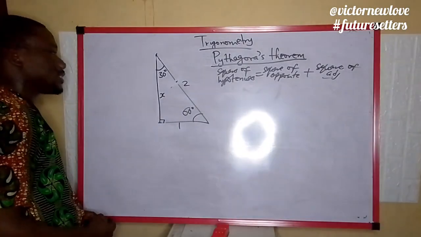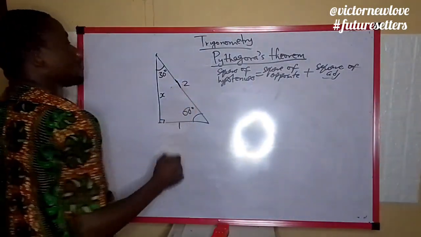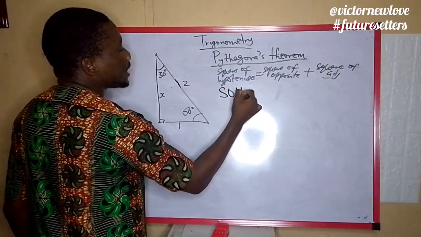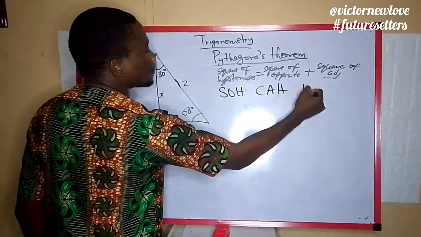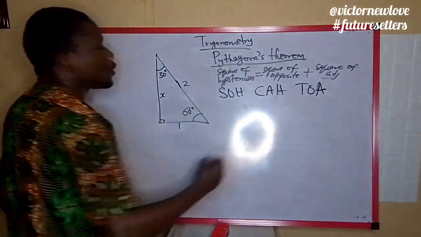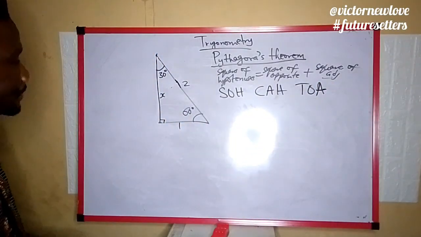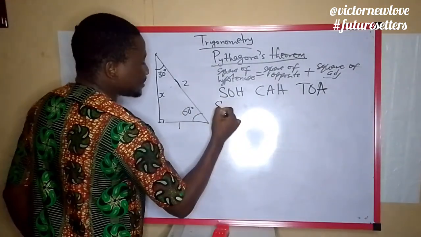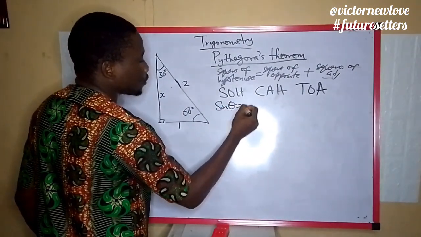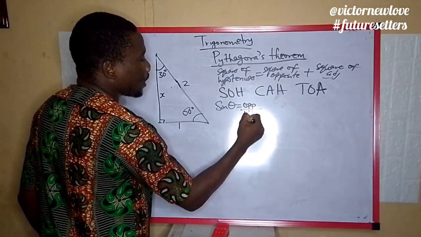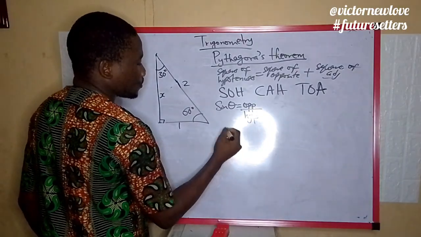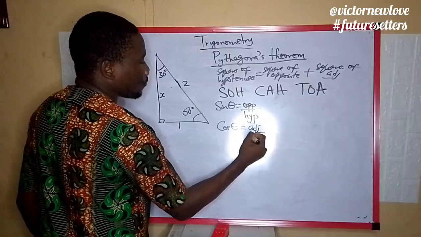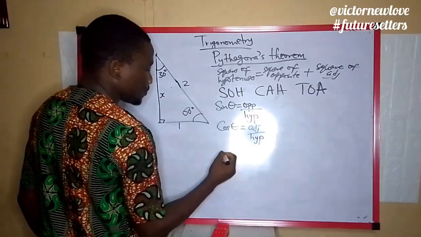Before I start proving some important things to you, just take note that we have something called SOHCAHTOA. What does SOHCAHTOA represent? Sin theta is equal to opposite over hypotenuse. Cos theta is equal to adjacent over hypotenuse.